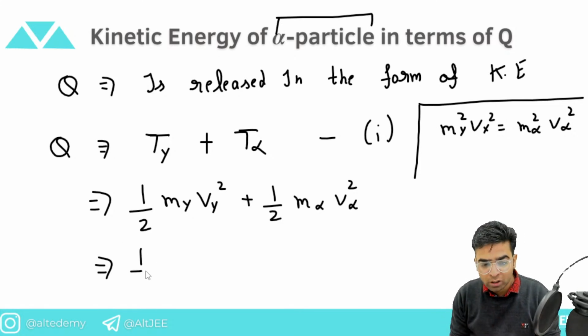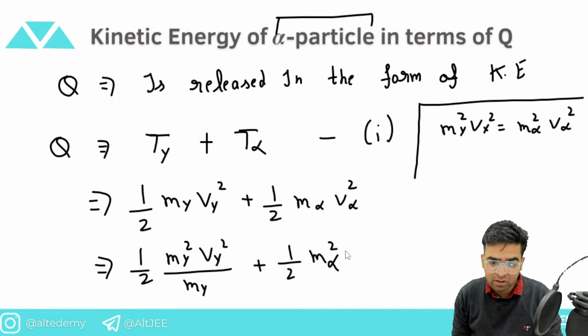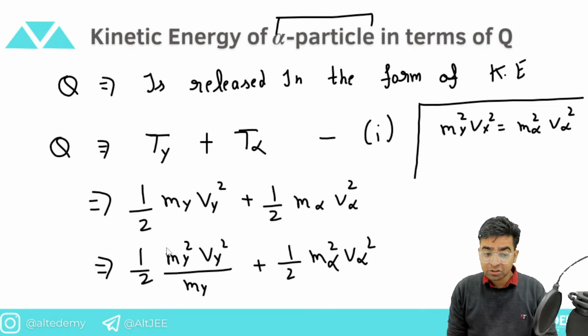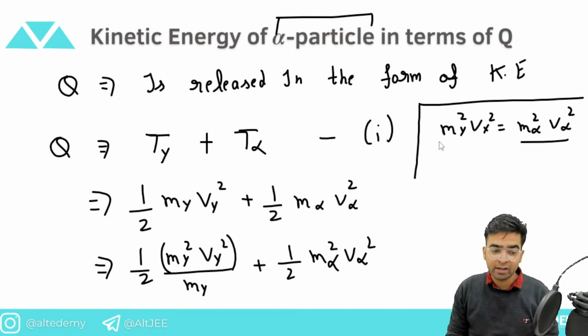So what we can do: half m_y square v_y square multiplied and divided by m_y, plus half m_alpha v_alpha square. This thing is equal to this, so we can replace it.